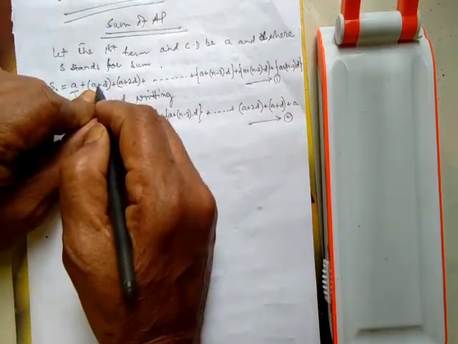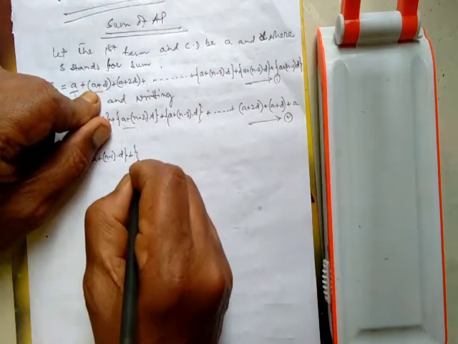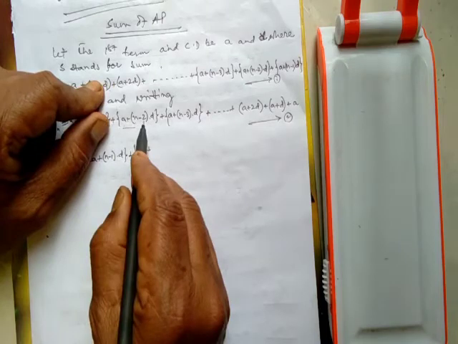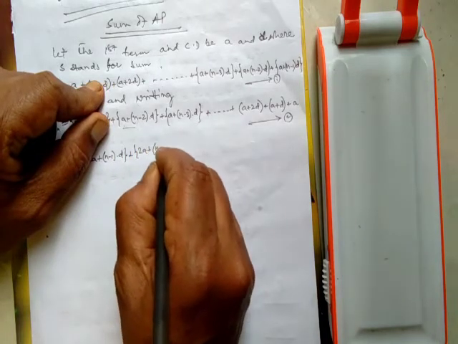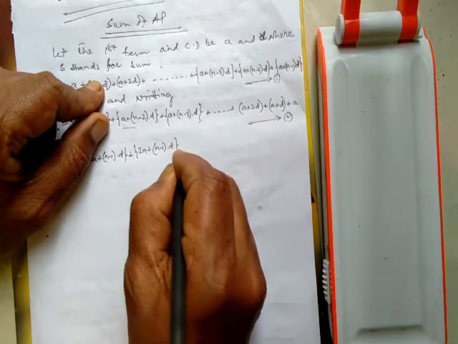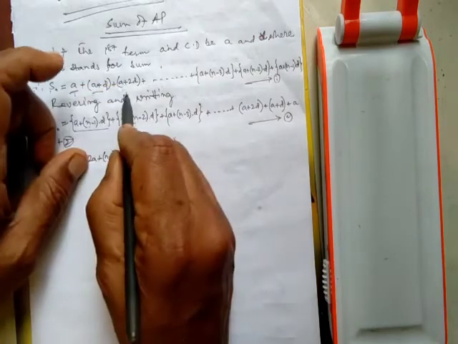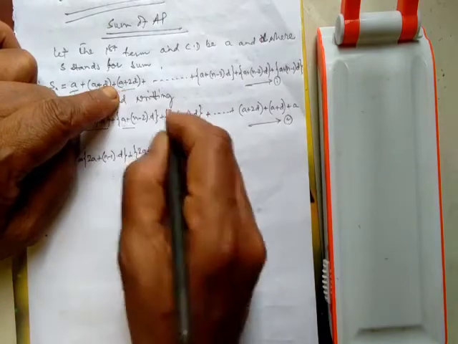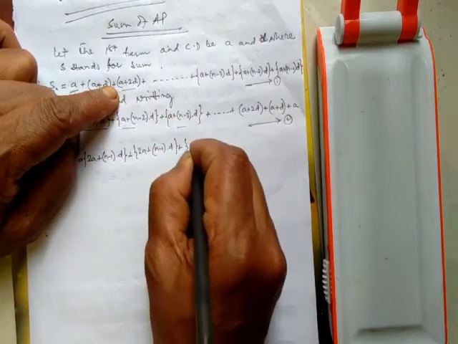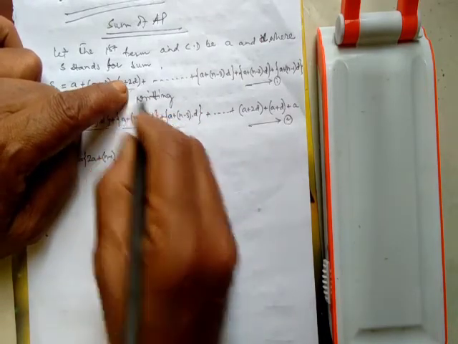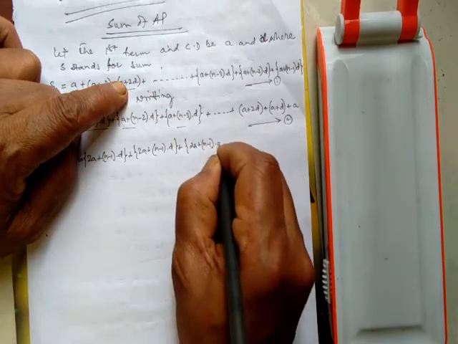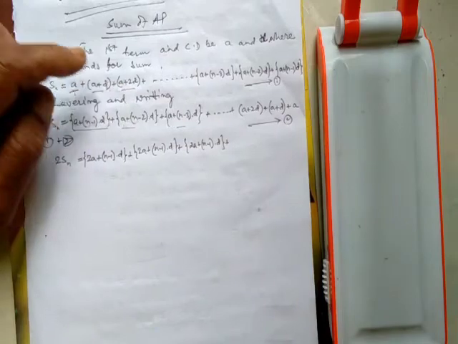These two I will add: a plus a is 2a, plus d plus (n minus 2)d is (n minus 1)d, plus this term, third term, and the third term from here: a plus a is 2a, plus 2d plus 3d is (n minus 1) into d, plus.